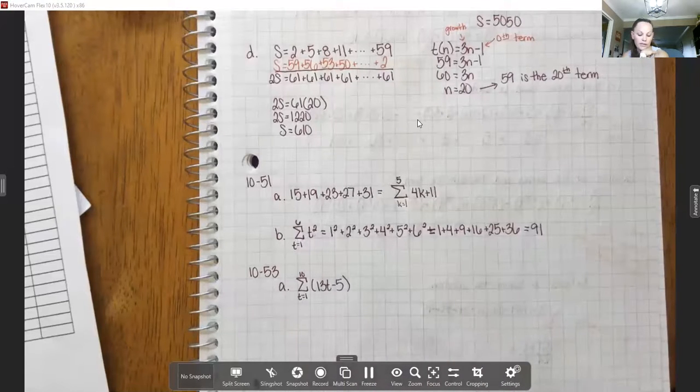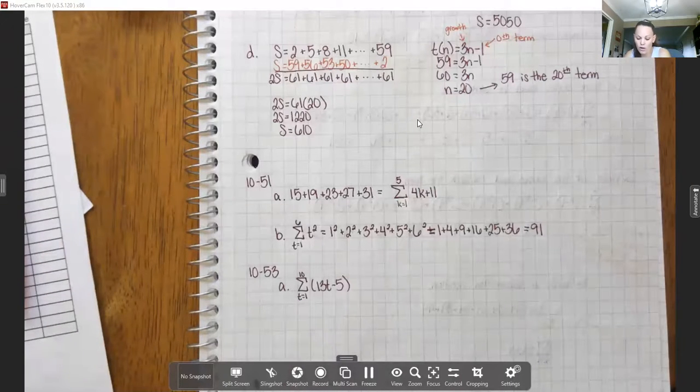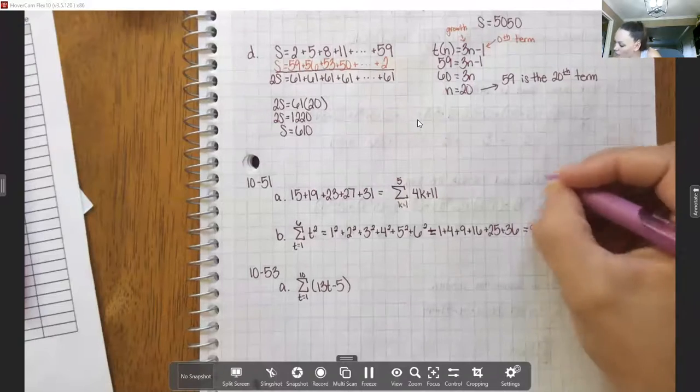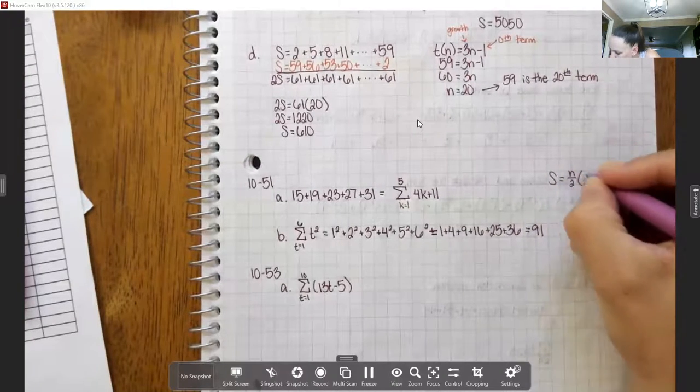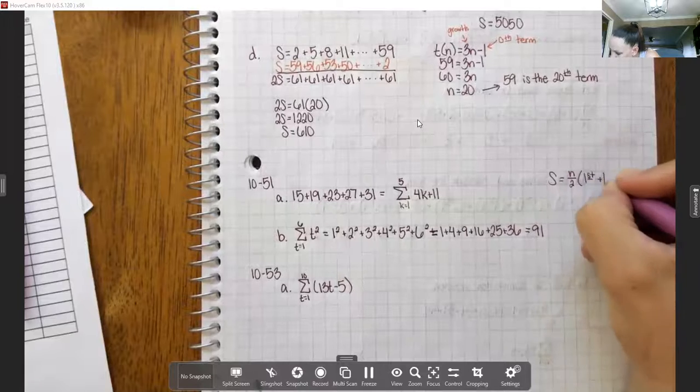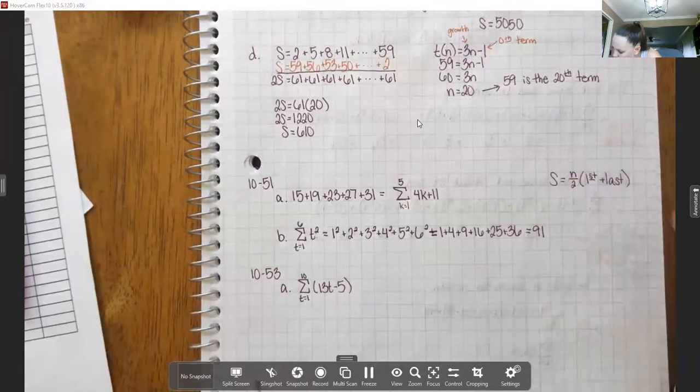So because this is arithmetic, we could plug them all in if we wanted to, but that's going to be more work. You're going to have to get all 10 terms and then add them up. Or we can just use our shortcut. For arithmetic series, we know that the sum is equal to n divided by 2, and then the first term plus the last term.